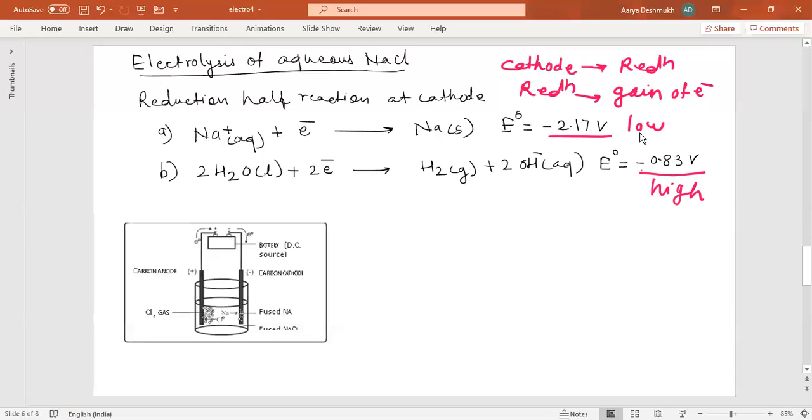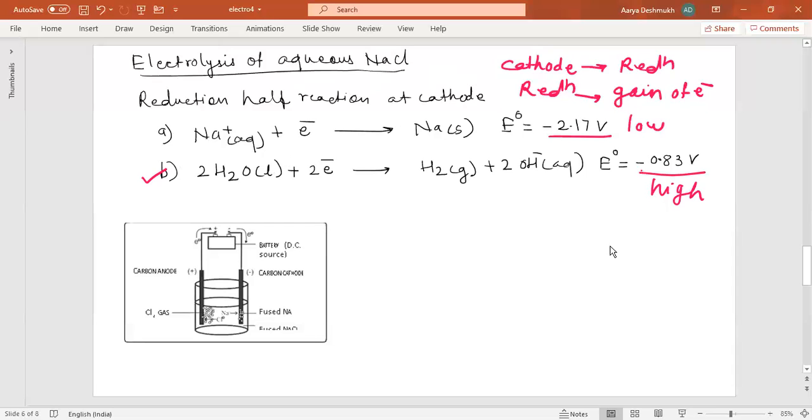So this indicates that water has a greater tendency to get reduced than sodium ion. Therefore, the reduction of water is the cathode reaction in the electrolysis of sodium chloride in aqueous medium. So this second reaction, the reduction of water molecules, is an important one here.